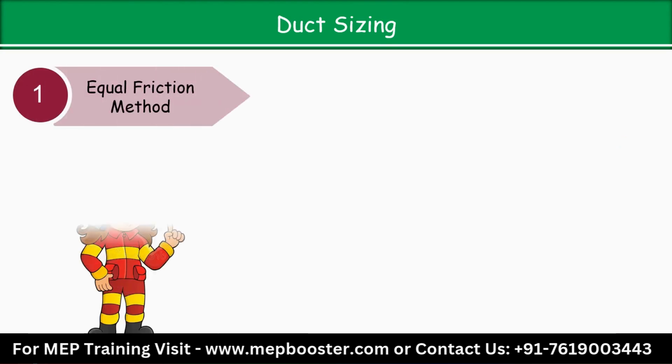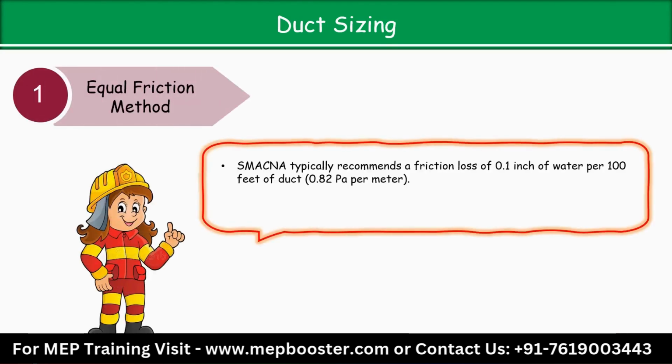Now here you can see, as per SMACNA, Sheet Metal Air Conditioner Contractor National Association. SMACNA typically recommends a friction loss, meaning how much friction we have to maintain. As I told you, in the equal friction method, at every 100 feet of duct length we have to keep friction constant.